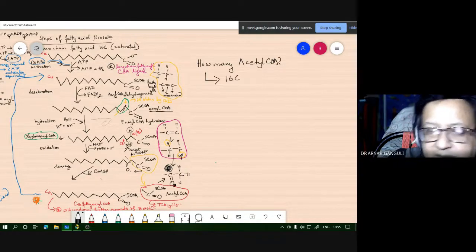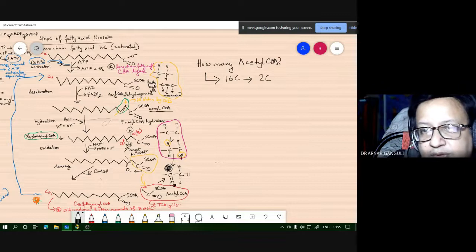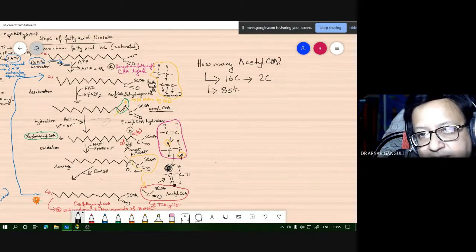For a 16 carbon fatty acid, in each step 2 carbon is removed. So total there will be 7 steps.